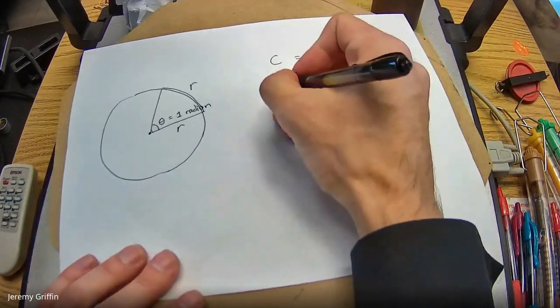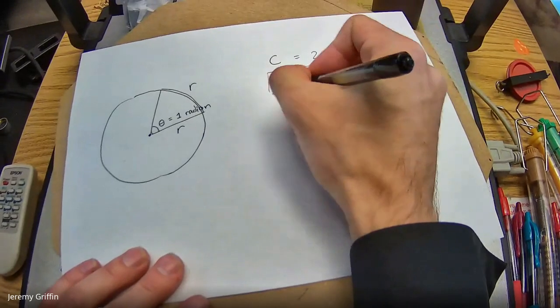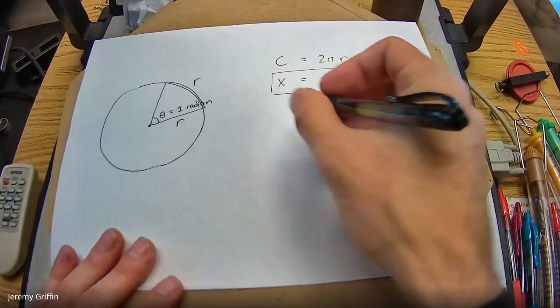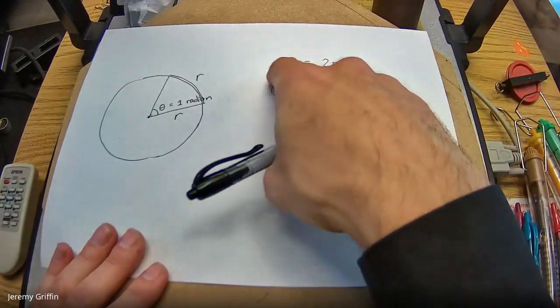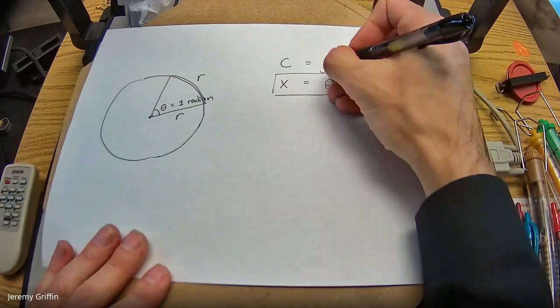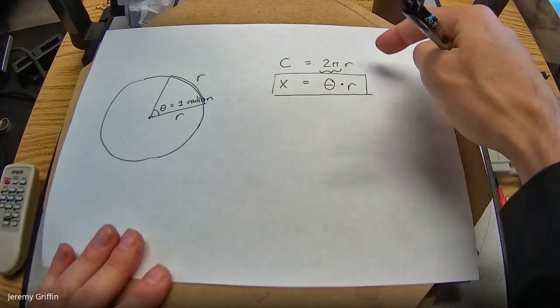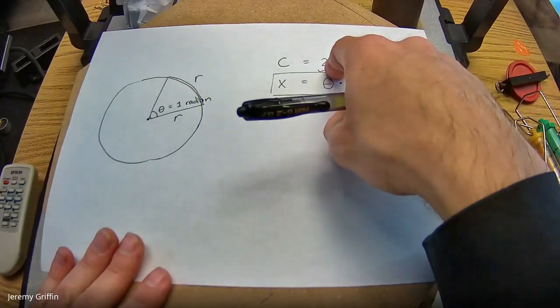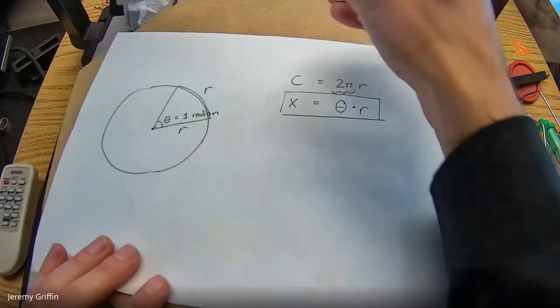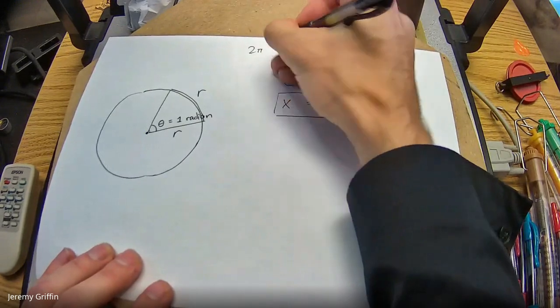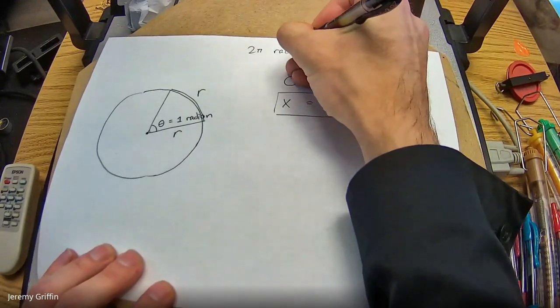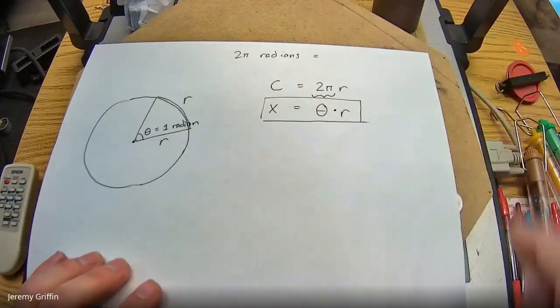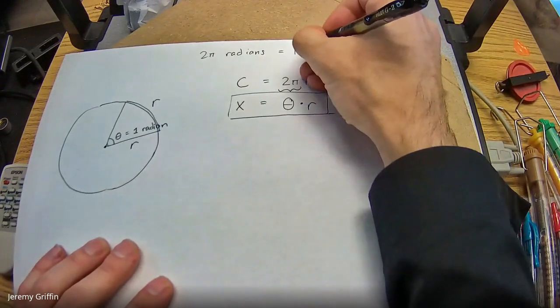Now this expression right here, to translate back and forth between angular displacement and linear displacement: hey, circumference equals 2 pi r. Isn't that actually a very specific version of this more general formula? Because 2 pi, guess what 2 pi refers to? 2 pi radians is the same thing as 1 revolution.